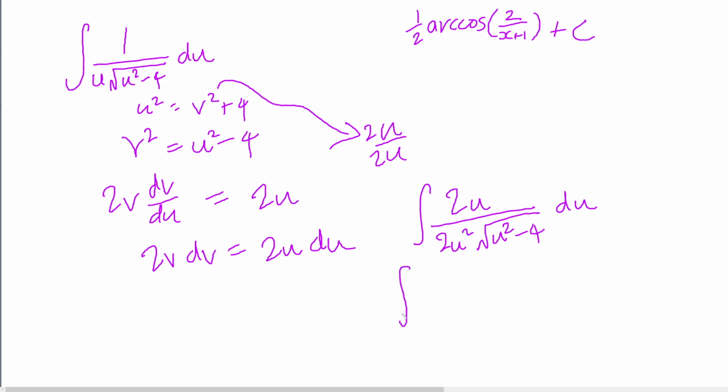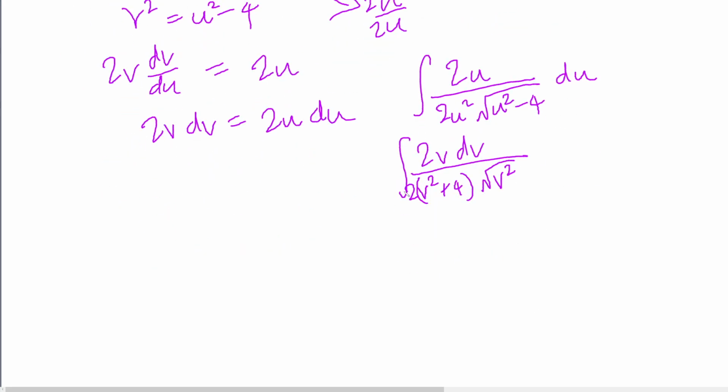So we get the integral of 2v dv over 2 times (v squared plus 4) times root v squared. These factors of 2 cancel out, and this root v squared becomes a v, which cancels out with this v here, and we're just left with the integral with respect to v of 1 over v squared plus 4.